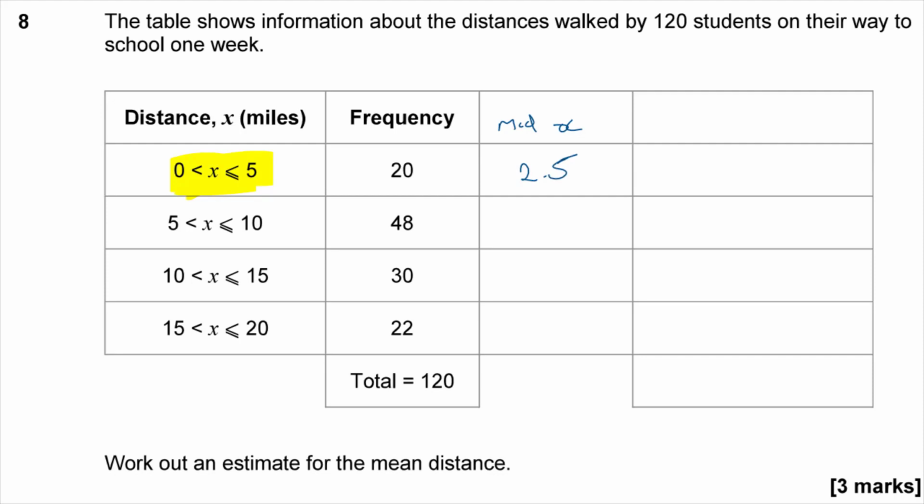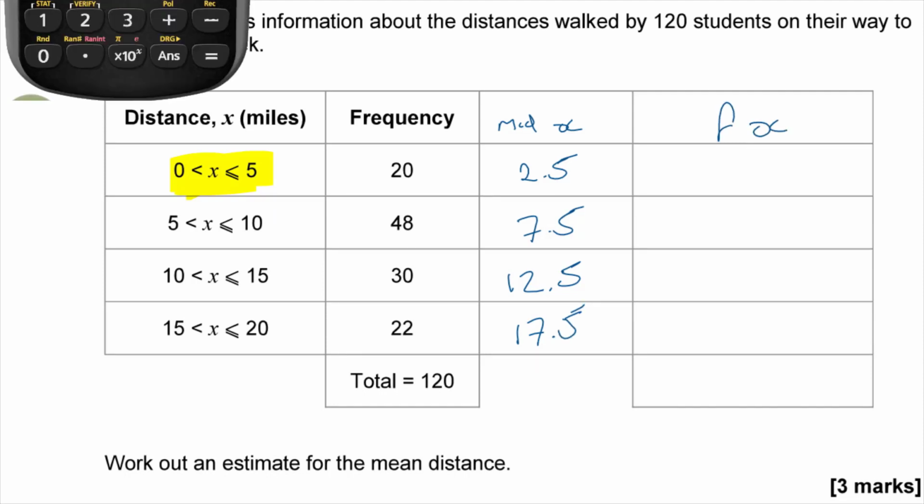You're basically averaging out the 2 endpoints. 5 plus 10 is 15 divided by 2 is 7.5. 10 plus 15 is 25 divided by 2 is 12.5, and 15 plus 20 is 35 divided by 2, 17.5.